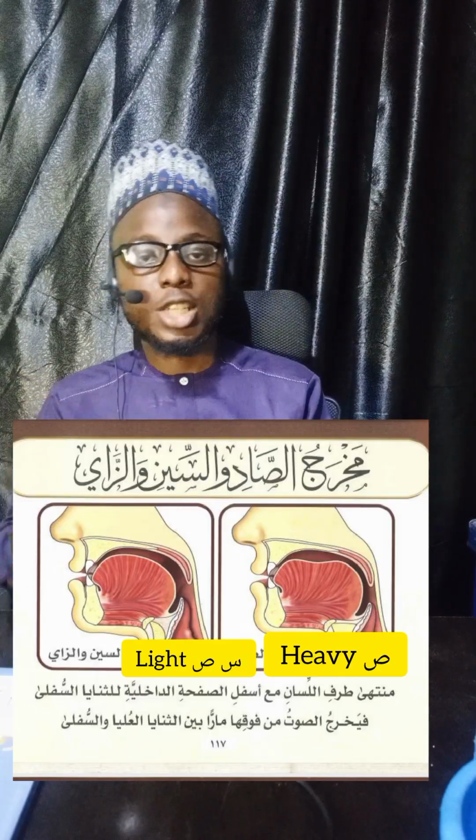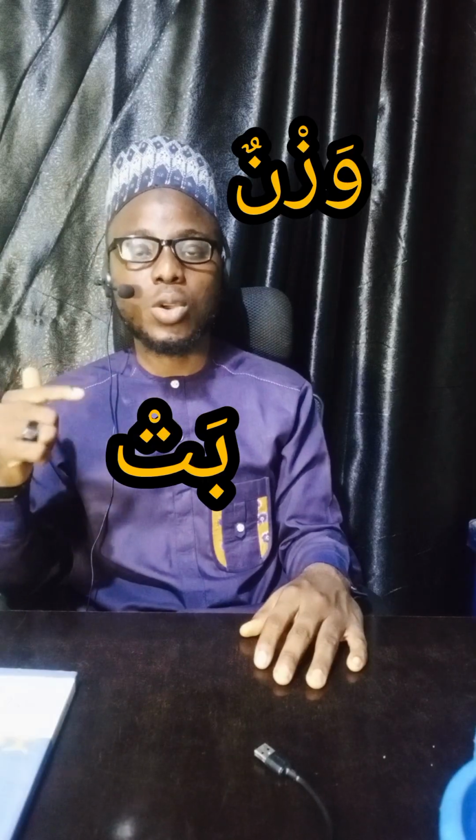Okay, Zai taking sukun. We have an example like was nun, was. You can see where the tongue is placed. It's like in between. In fact, it is falling towards the down part of the mouth. So we say was. Try saying ta, but you can see the tongue is raised.